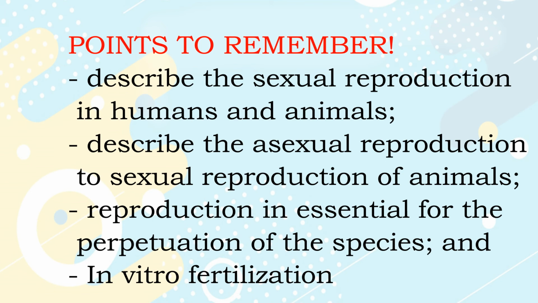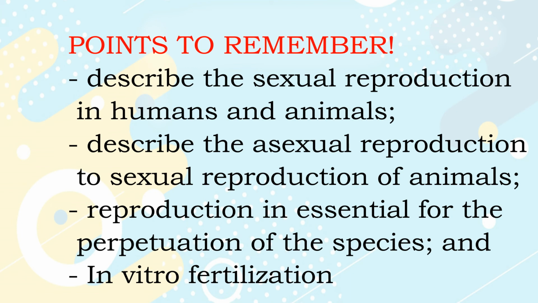So we are able to describe the sexual reproduction in humans and animals. We also compare or describe the asexual reproduction to sexual reproduction of animals. So we have the budding, fragmentation, and the parthenogenesis. And gaano nga ba kahalaga ang reproduction?